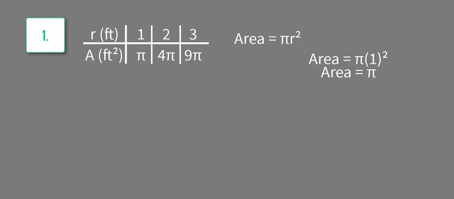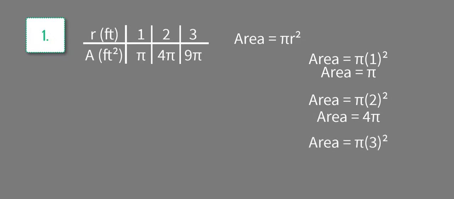When the radius equals 2 feet, area equals pi times 2 squared, which equals 4 pi. And when the radius equals 3 feet, area equals pi times 3 squared, which equals 9 pi square feet. So it is verified that this is our equation.